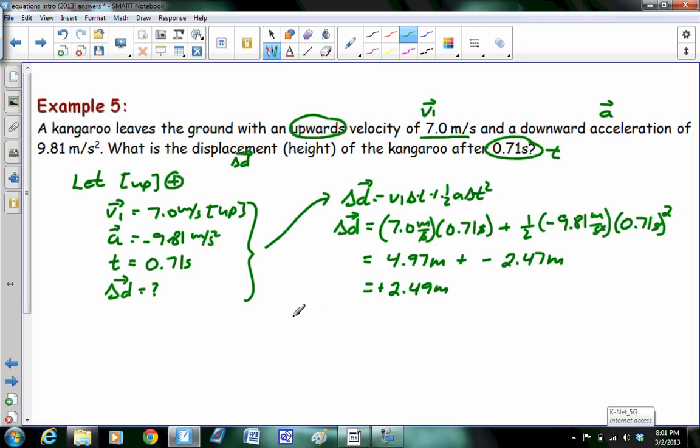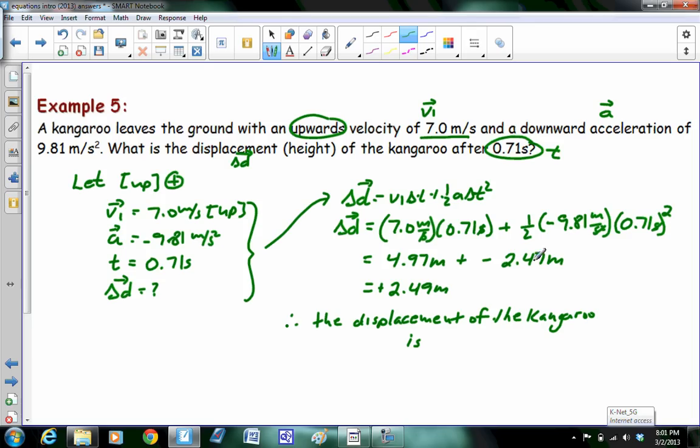So let's write down a little therefore, students. So therefore, the displacement of the kangaroo, and with significant digits, so let's look up here, we got 2, 3, and 2.